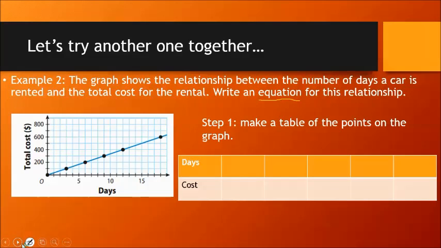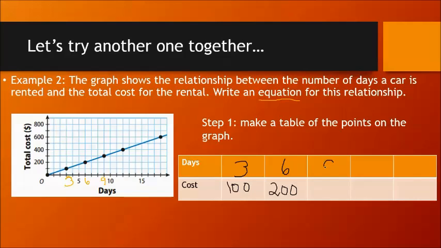So step 1, make a table. Usually I make them with the points that are on there. It makes it nice and tidy. All right, so this is all units of 1. 3 days. How much does it cost? $100. For 6 days, how much does it cost? $200.